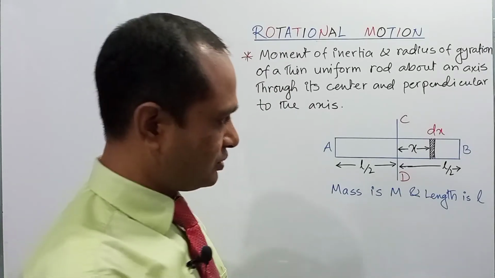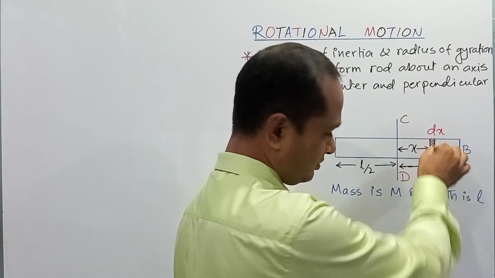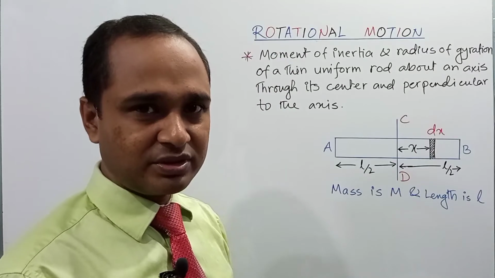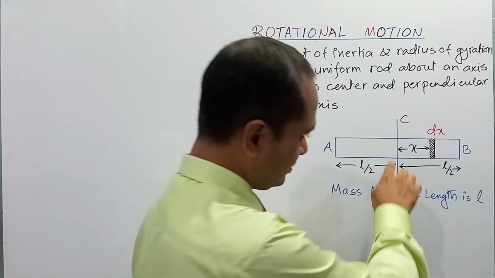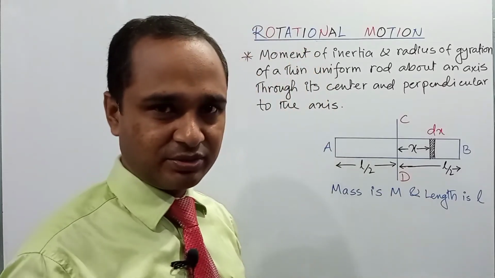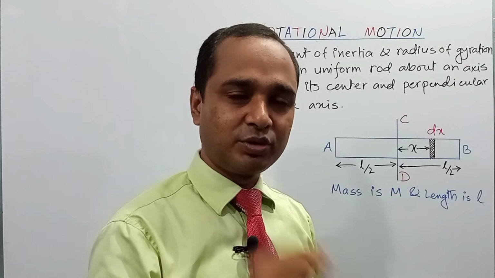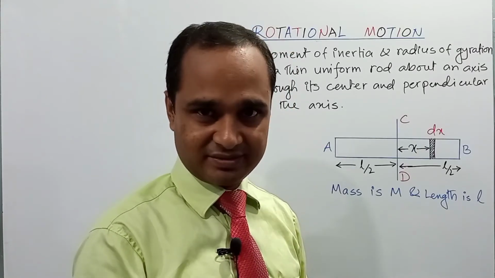To determine the moment of inertia of the selected portion with respect to the axis, we need the distance of the portion from the axis, which is x, but we don't know the mass of the portion, because moment of inertia is m multiplied by r square, or distance square.